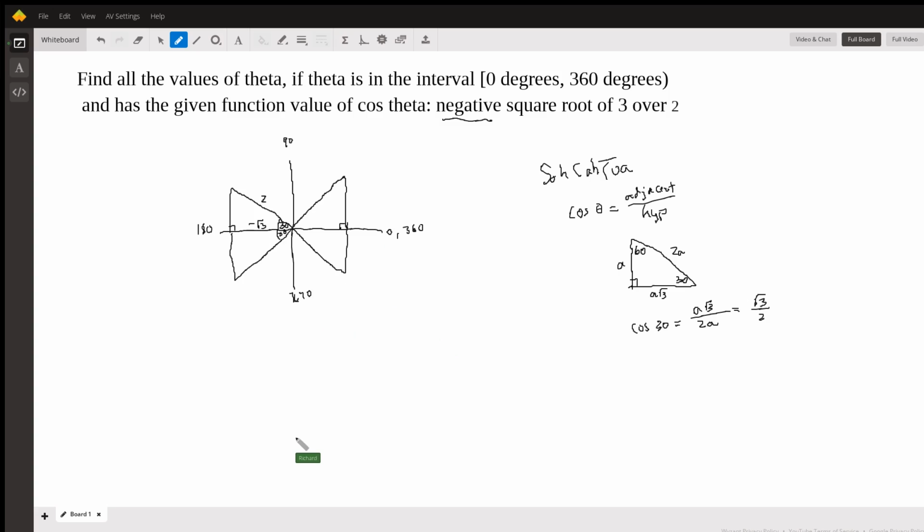Now the angle itself is going to start at 0 and then come all the way around to here. So the green angle is going to be 180 minus 30, which would be 150. And then the other angle is going to be down here. We'll use another color.